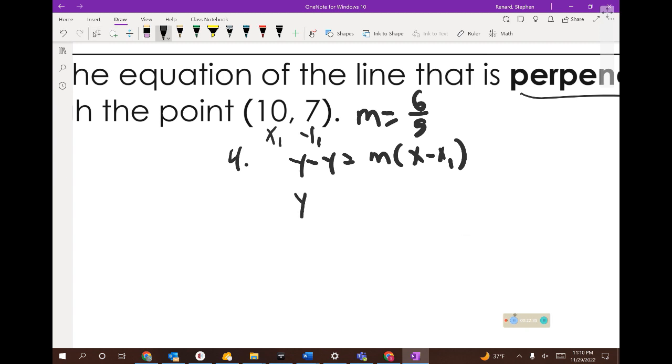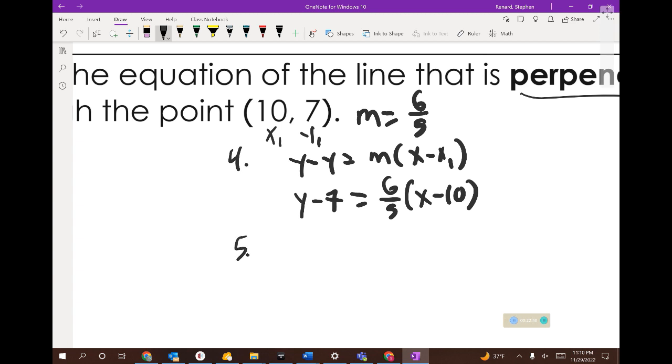Y minus 7 equals 6/5 times x minus 10. Okay, that's step 4. All we need to do is put it into point slope form.